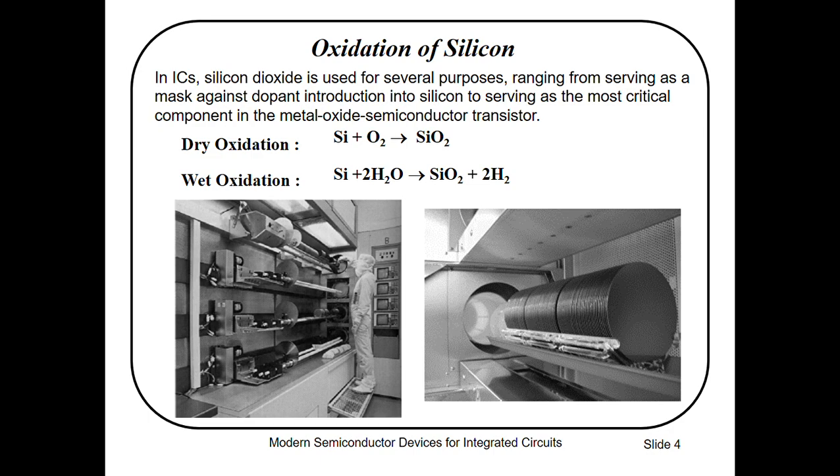Water vapor diffuses through SiO2 faster than oxygen. Here you can see figures 1 and 2, which show a horizontal furnace for the oxidation of silicon.